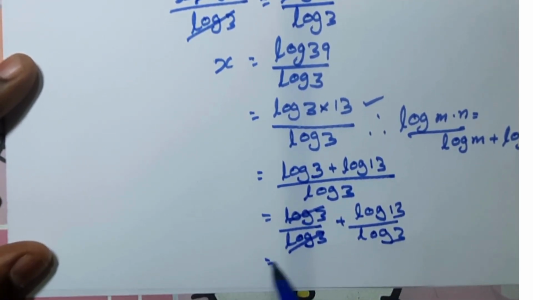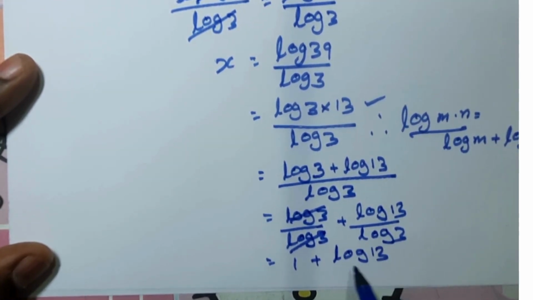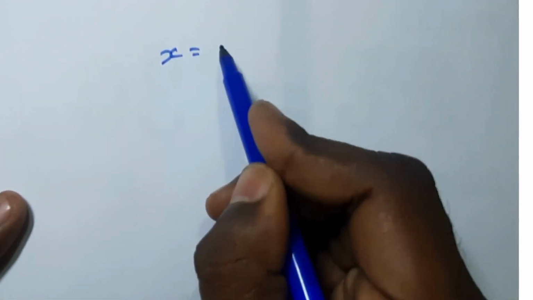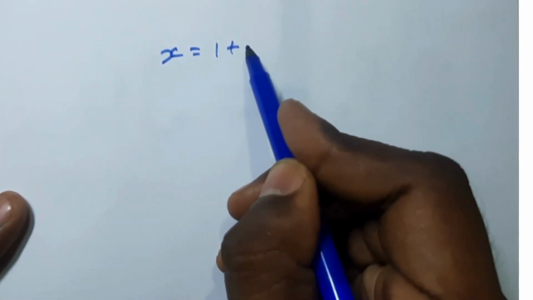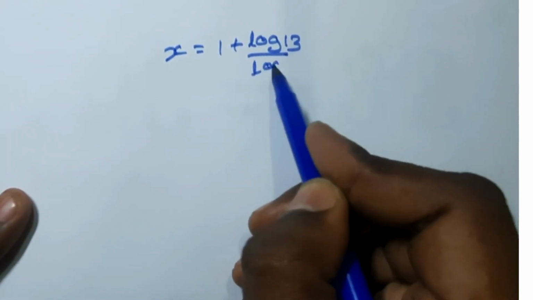So 1 plus log 13 by log 3. We have x equals 1 plus log 13 by log 3.